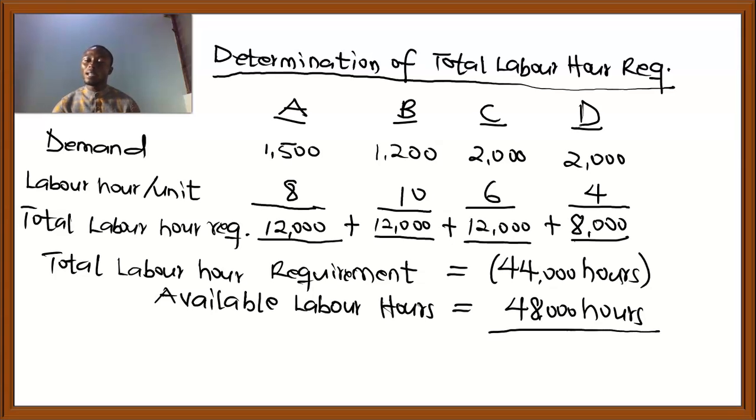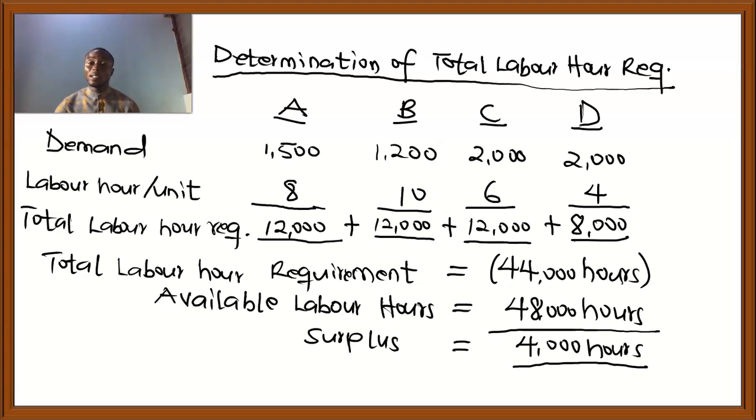So when you subtract the requirement from the available hours, we have a surplus of 4,000 hours. Because there is a surplus of 4,000 hours, then labor hour is not the limiting factor.